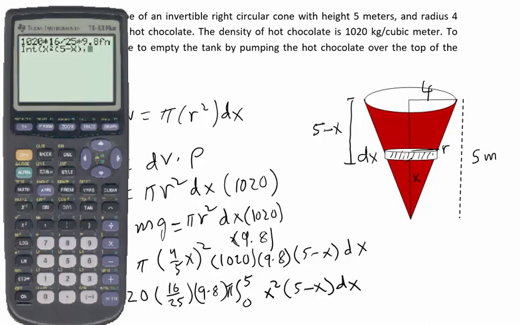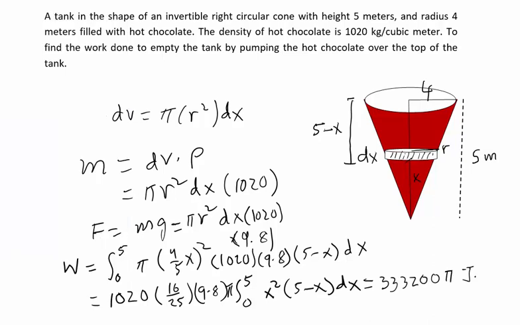Next, you write the variable, which is x, put a comma, then put the limits 0, comma, 5, close your parenthesis, and hit enter. That gives you 333200 pi.